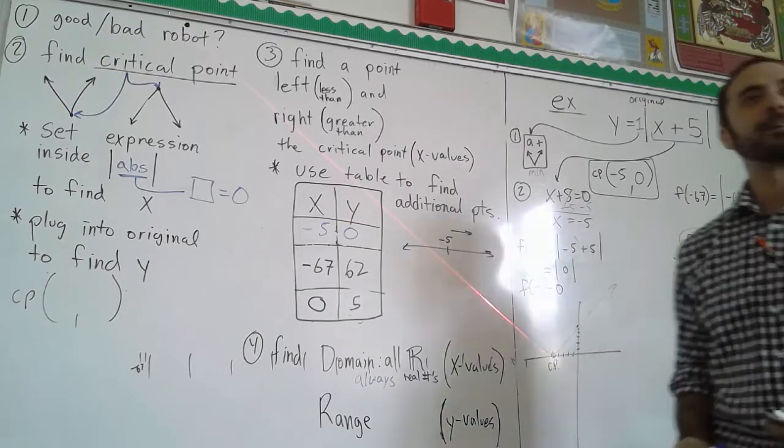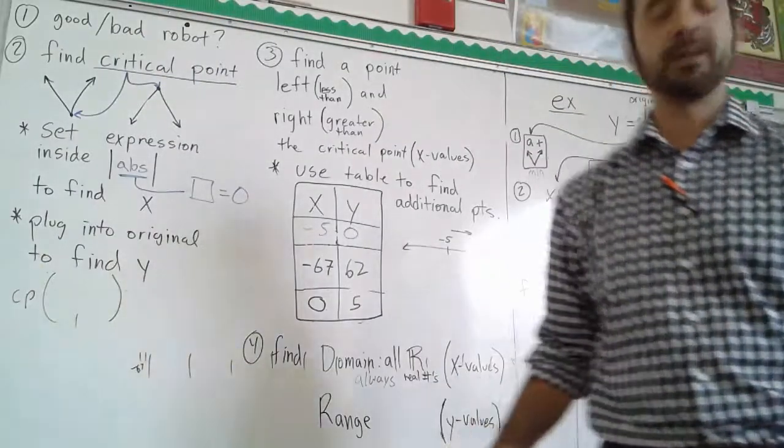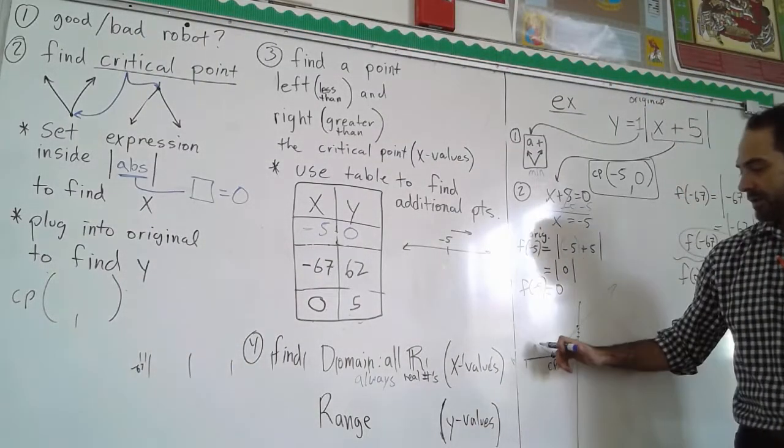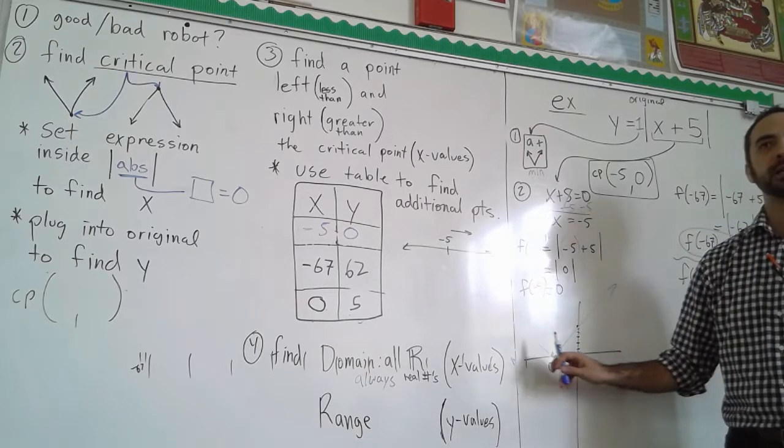All right, we got it. Okay. So who picked another number, not -67? Anybody? -10, -6, all those would work. What I'm saying is those are points on the graph. We just had to figure out what x value we were going to plug in.